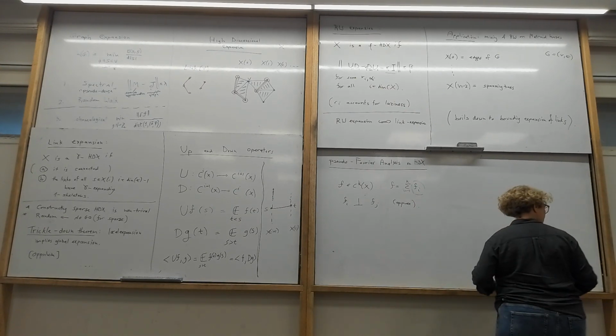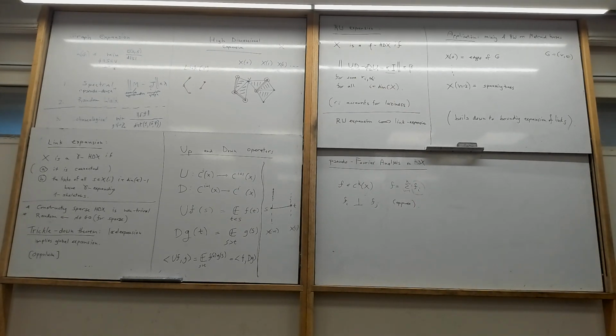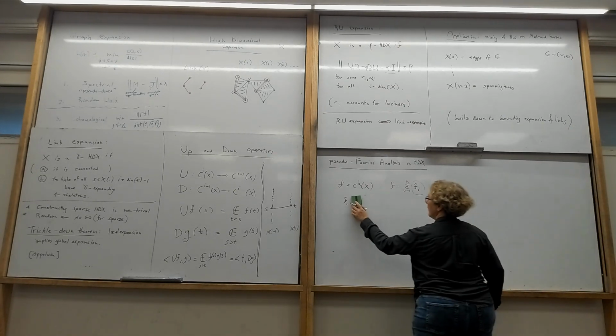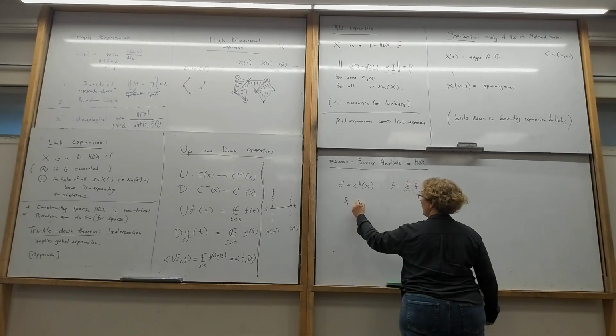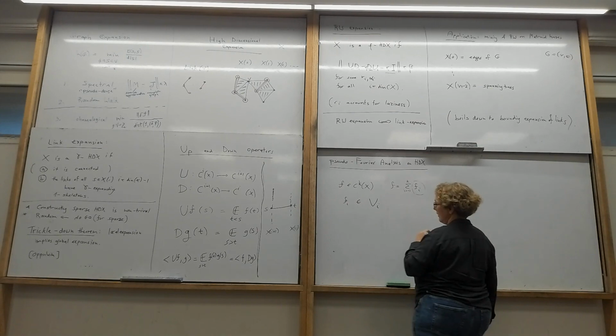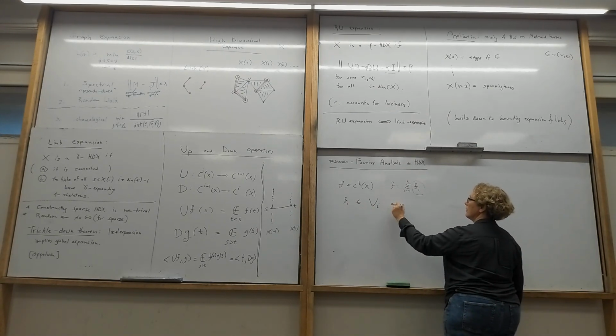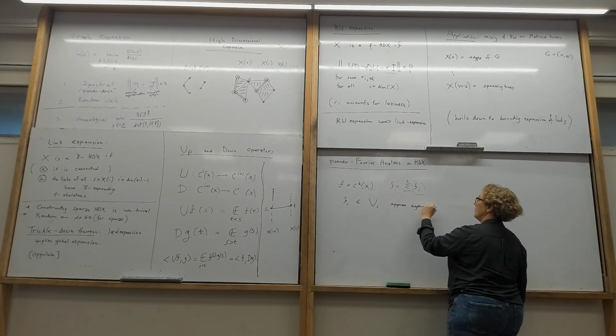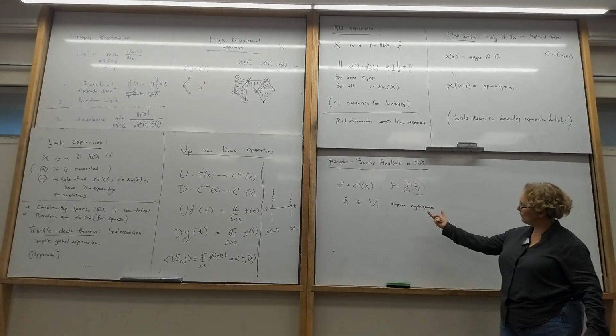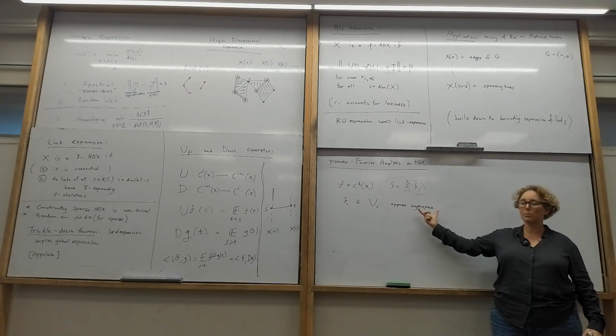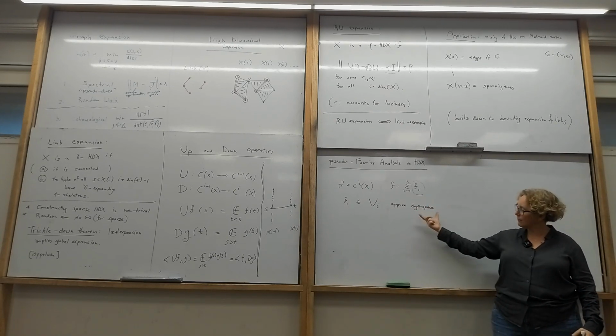Maybe I should write it better like this. f_i belongs to a certain linear space V_i, which is an approximate eigenspace. And when I say eigenspace, it is the eigenspace of an operator. If you have an operator, you can talk about the eigenvectors and eigenvalues.